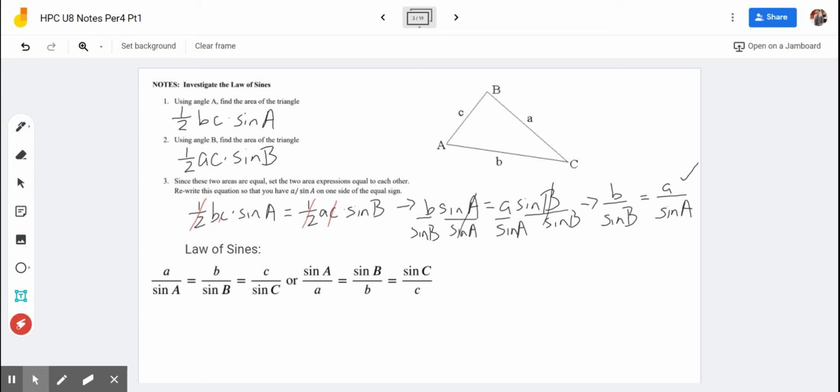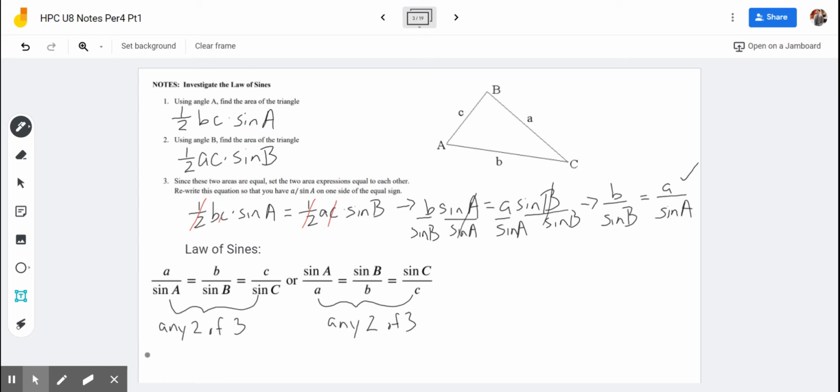Like here they had A over sine A equals B over sine B. Any two of 3. Same thing for this here. Any two of 3. I usually write the angle up top, but it really doesn't matter. Like I usually do sine of A over little a, sine of B over little b, and so forth. So this is our law of sines here.